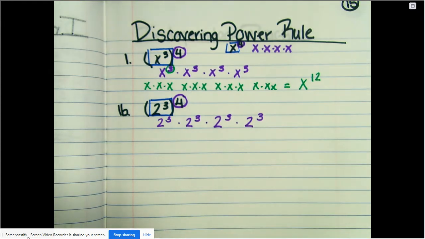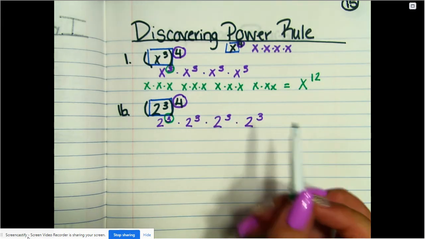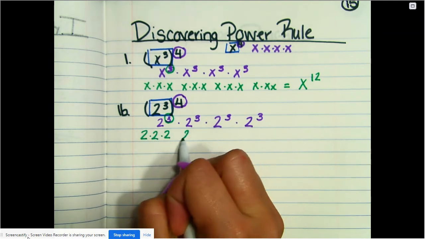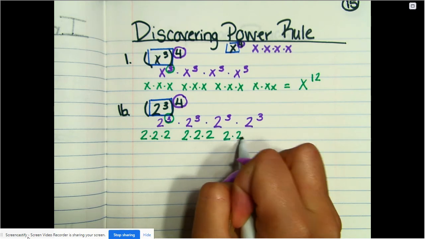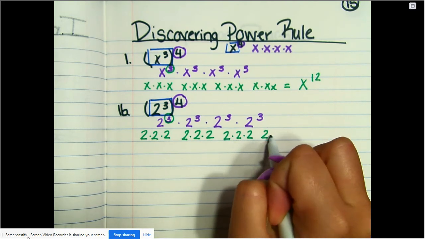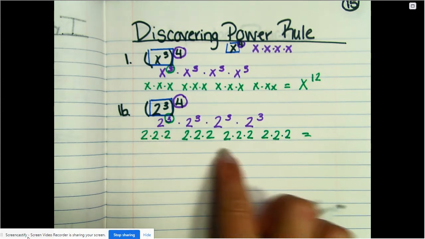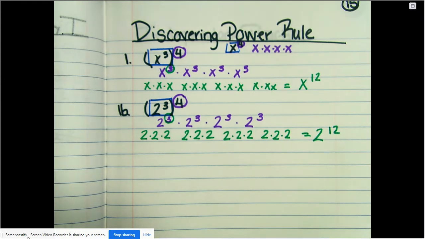And then from there, each exponent on the 2 is 3. So that just lets me know I'm going to write out 3 2s. 1, 2, 3, 1, 2, 3, another 1, 2, 3, and another 1, 2, 3. And all together, if I was to count all of these up, I have 2 to the 12th power.